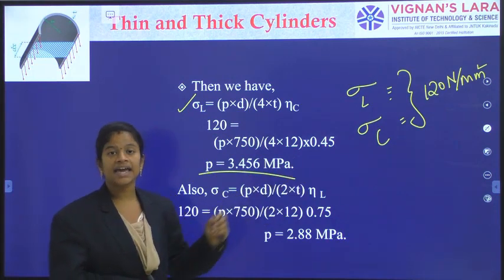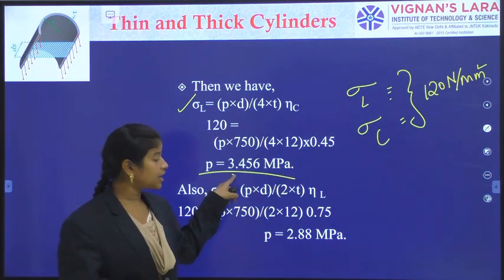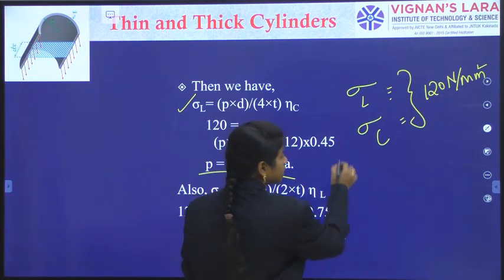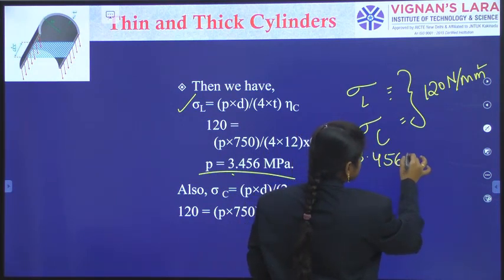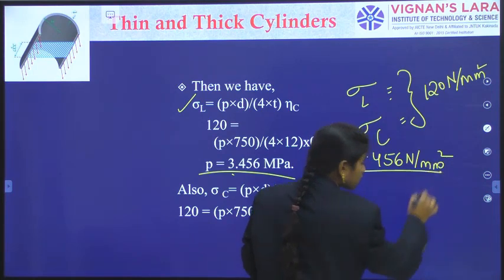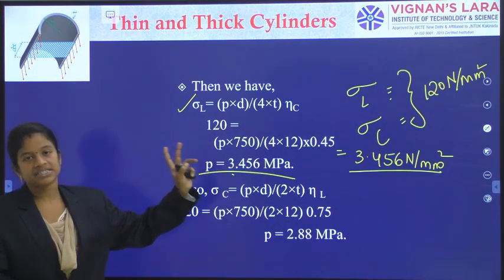Substituting all the values, I have got the pressure as 3.456 megapascals. As it is, the output I got is 3.456 Newton per mm square; only for the final output I am replacing Newton per mm square with megapascal.